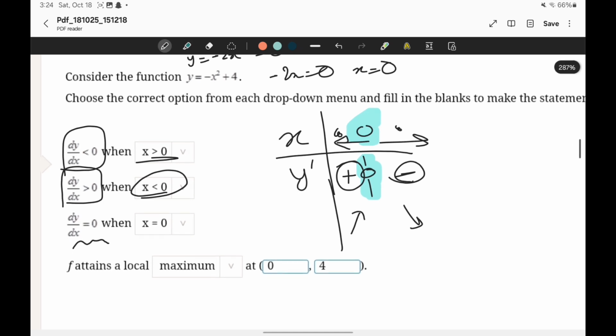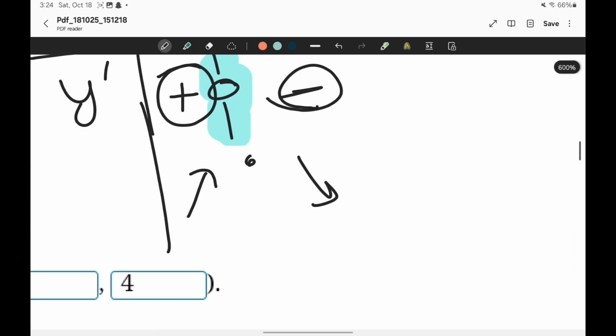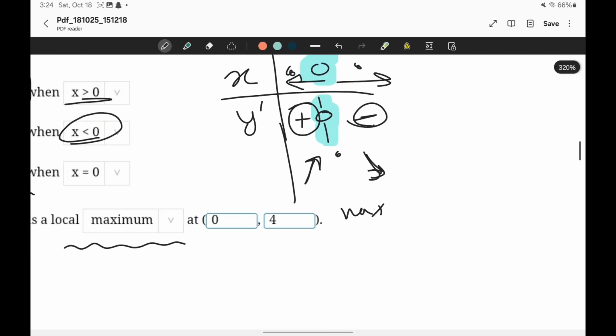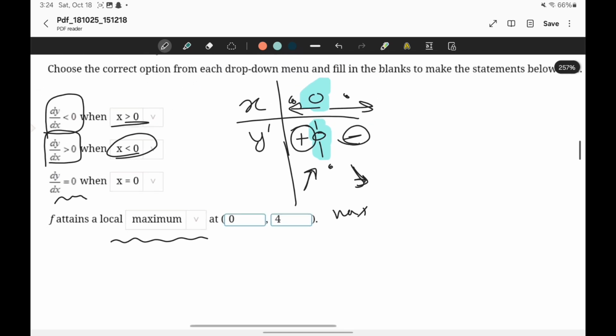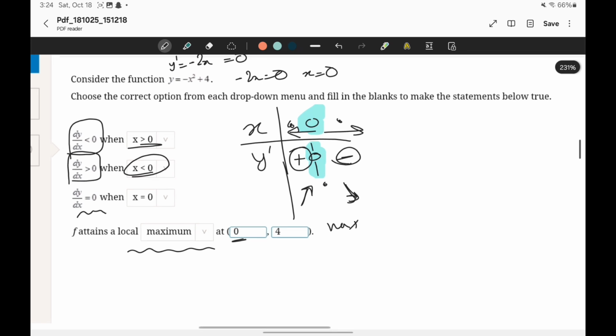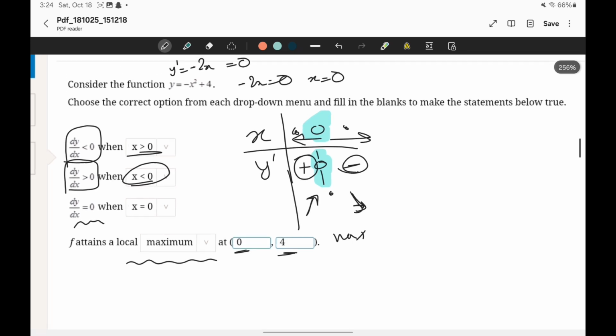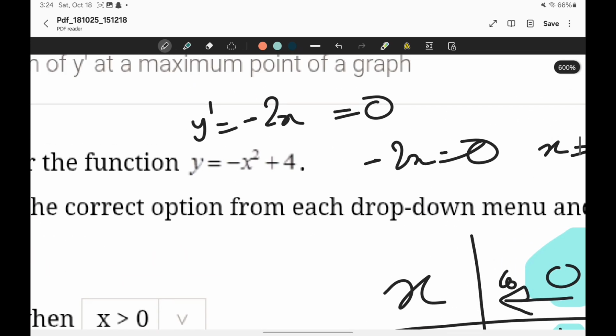And then to find if it's a local maximum or minimum, you just look at the point. It's going up then down, so that means it's a maximum. Okay, it's a maximum at point 0, we already know that. Now to get the second value, you take our point and put it in the original equation. So you put minus 0 squared plus 4, so you get 4.